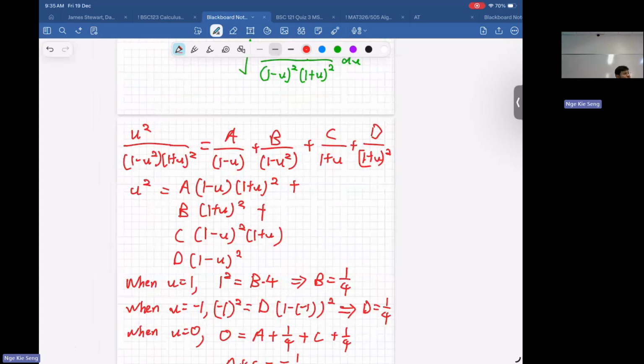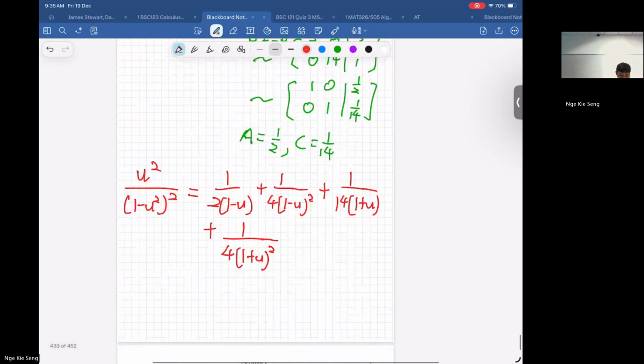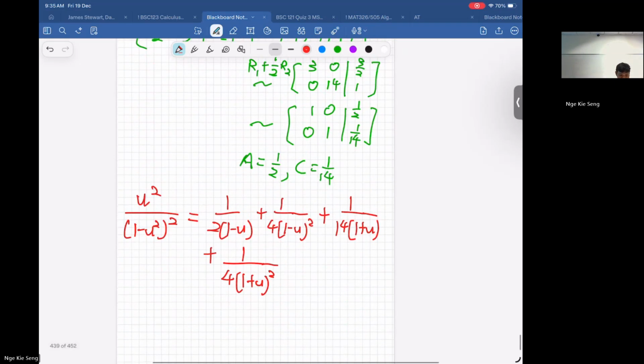And is this partial fraction correct or not? Maybe you can use an online calculator and check if the calculation here is correct or not.